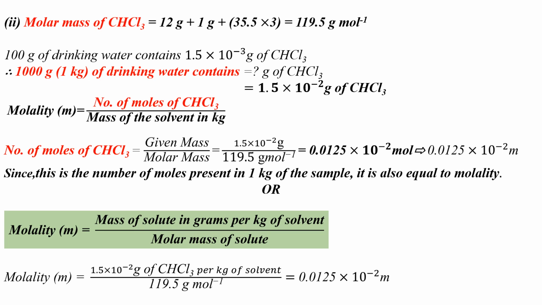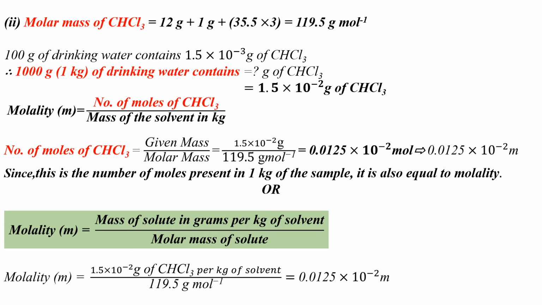Then 1000 grams, that is 1 kilogram of drinking water sample would contain how much gram of chloroform? This was calculated by unitary method and found to be equal to 1.5 into 10 power minus 2 grams of chloroform. Now we calculate the number of moles of chloroform.